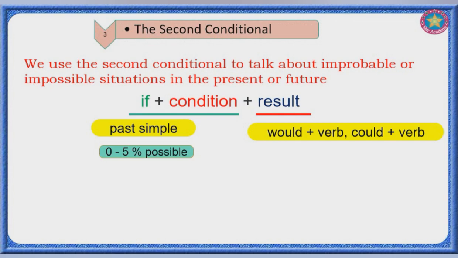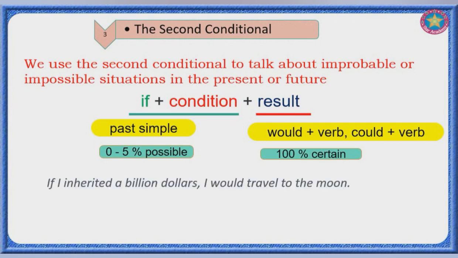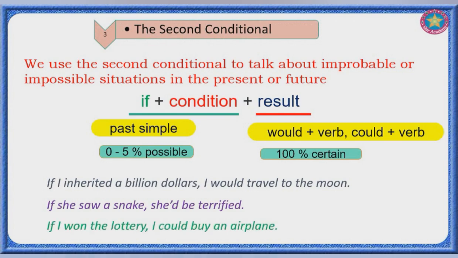The first part or if clause has 0 to 5% possibility, while the second part is 100% certain. See the example, if I inherited $1 billion, I would travel to the moon. If she saw a snake, she'd be terrified. If I won the lottery, I could buy an airplane.